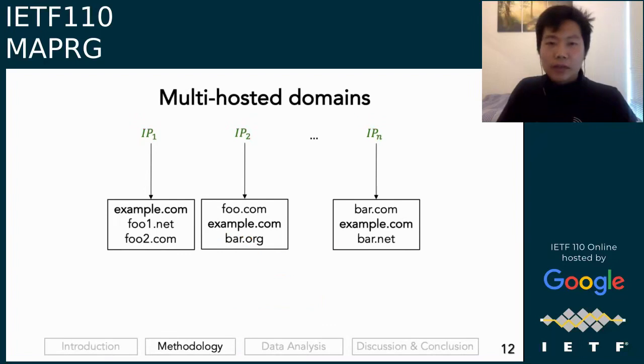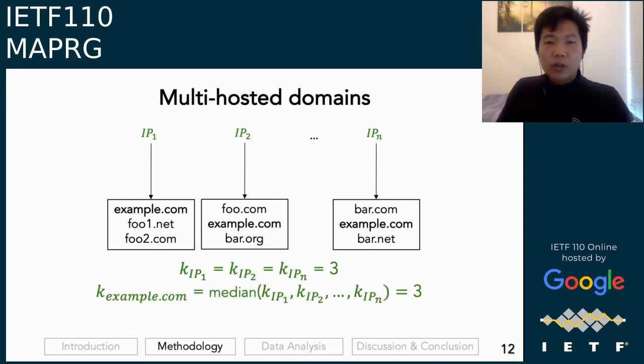For the second possibility, we refer to it as multi-hosted, in which an IP address hosts more than one domain. In this case, example.com, say, is hosted on one or more IP addresses that also host many other domains. So the co-hosting degree for an IP address in this case is the number of domains hosted on it. For the co-hosting degree of example.com, we compute it by taking the median of the co-hosting degree across all the IP addresses example.com is hosted on.